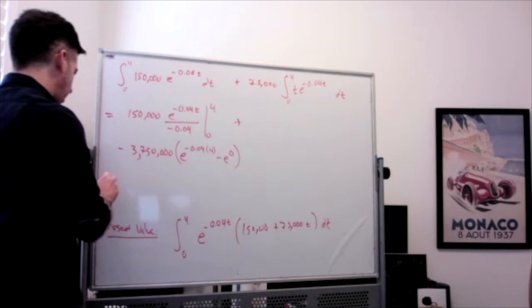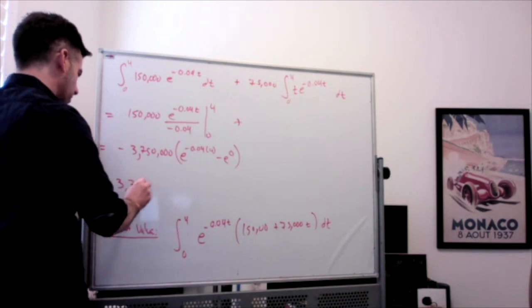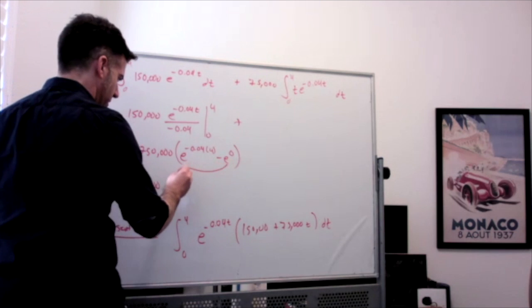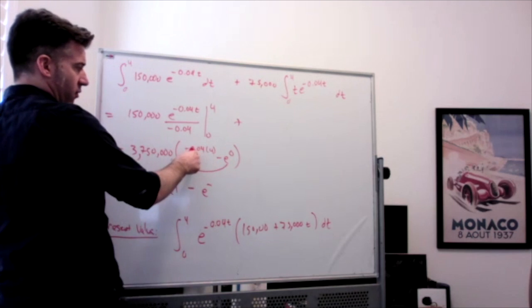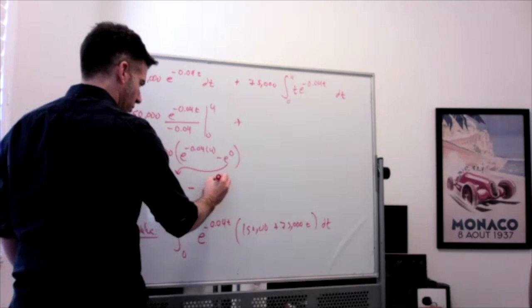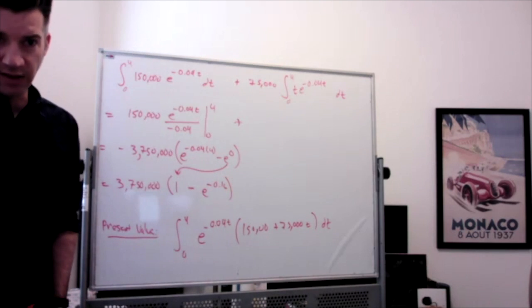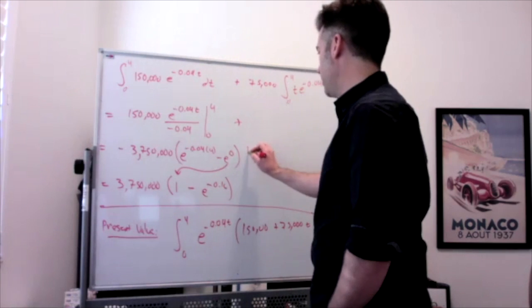So I'm actually going to write this part as positive 3,750,000 times 1 minus e to the negative 4 times 0.04, which is 0.16. That's just going to make it easier to plug things into a calculator later. Okay, so that's half of it.